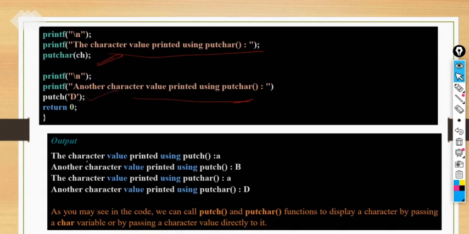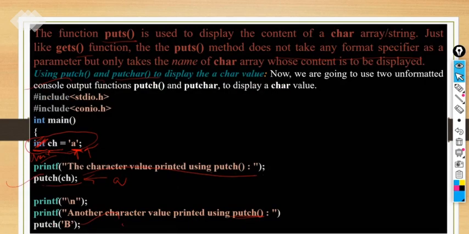So here what will be the output? The character value printed using putch will show the ch value a as it is. But another character value printed using putch will show you b as the answer. Like here, if you are trying to print b, it will show you b as it is.